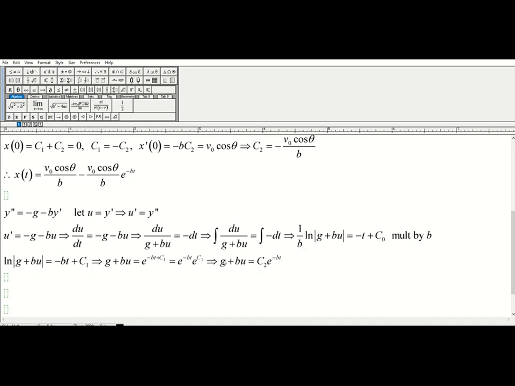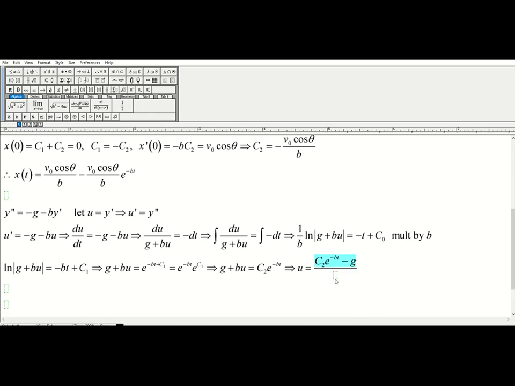Now this G is a constant. Let's move it over. We're going to divide by B. So let's go ahead and solve for U itself. So U equals this minus G, and then all divided by B. C is a constant, B is a constant.